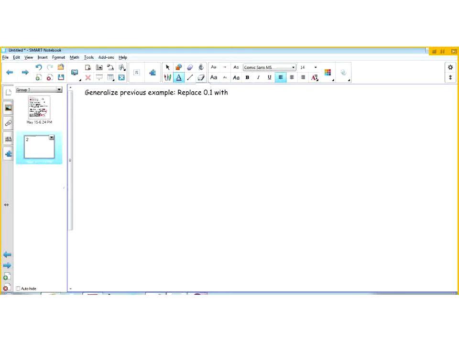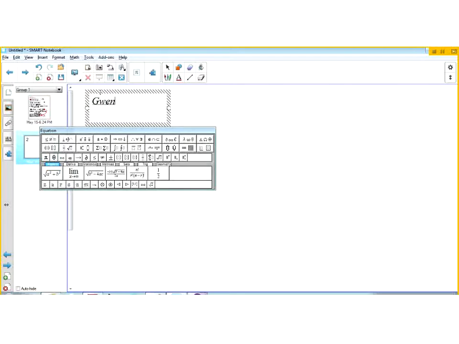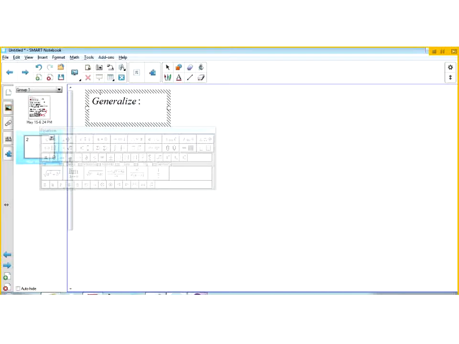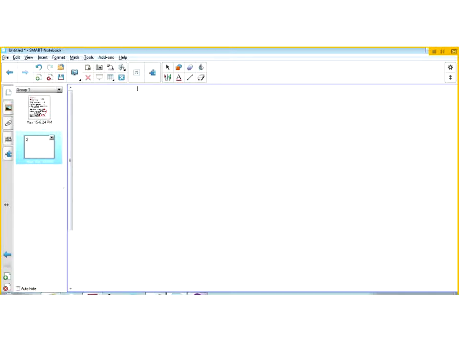Let me rewrite this using a more appropriate text style. That won't work either. Okay, well, I guess I'll just handwrite it, because I need to use Greek letters.